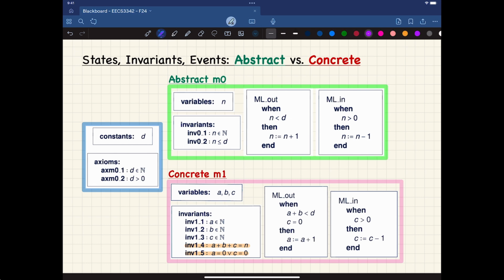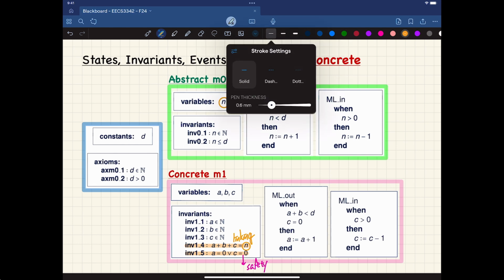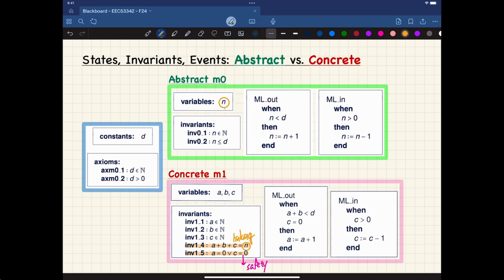This one here is the linking invariance, and this one over here is a safety invariance. Both are valuable. The linking invariance is basically trying to link all the way to the abstract states, which is over here. You can see we're linking it.